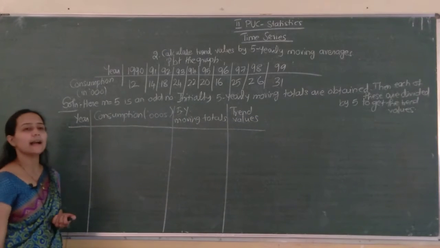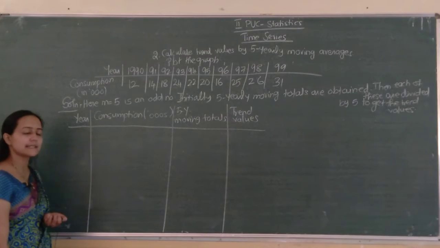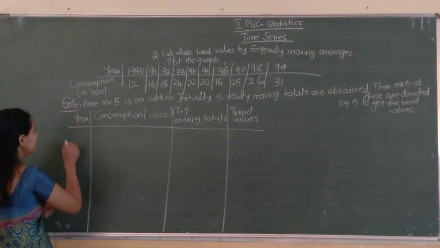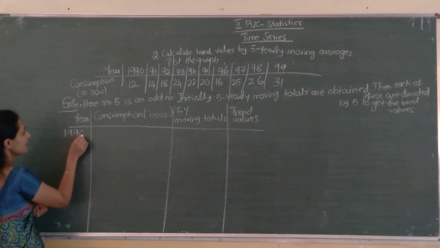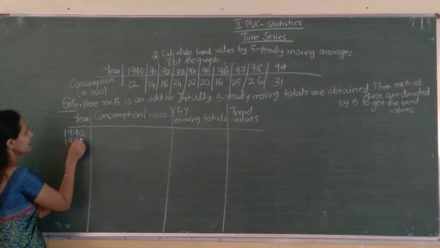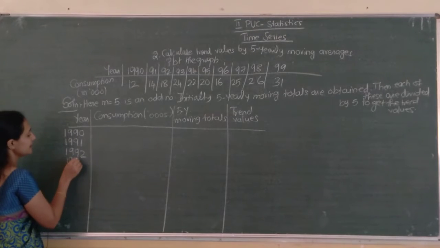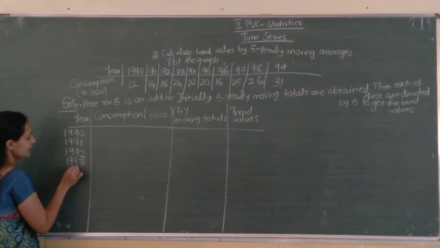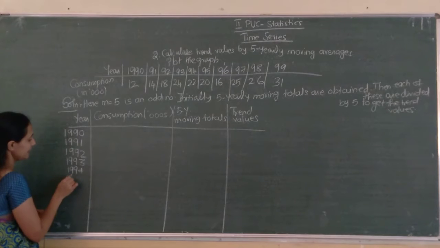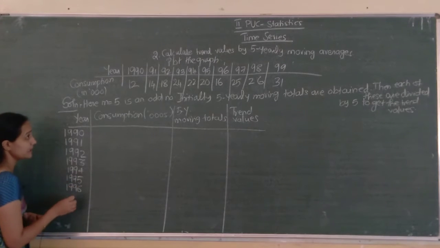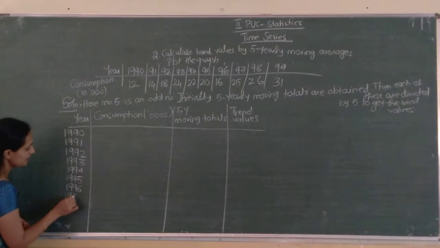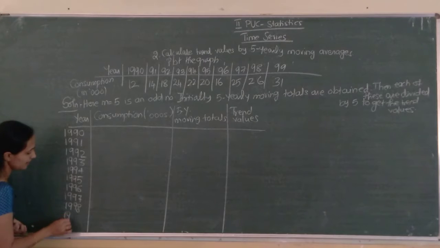So year and consumption as given in the question: 1990, 1991, 1992, 1993, 1994, 1995, 1996, 1997, 1998, 1999.